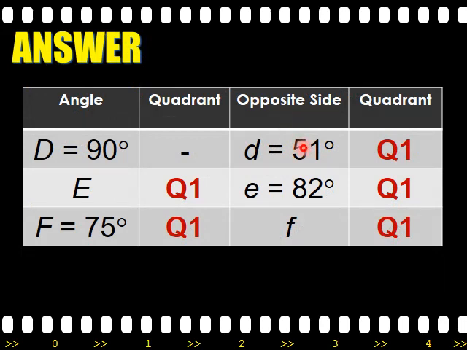Okay, so, since si hypotenuse is less than 90 degrees, so 51 degrees siya, so siya ay nasa quadrant 1. Ngayon, ang pinakamadali nito, ang tingnan nyo muna yung side E. So, since nasa quadrant 1 siya, so 82 degrees kasi is quadrant 1, ibig sabihin, si side F dapat nasa quadrant 1 din.